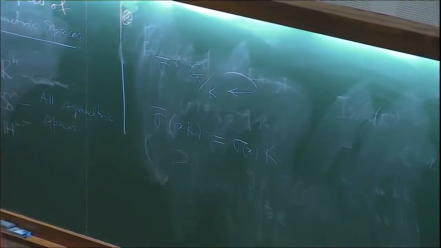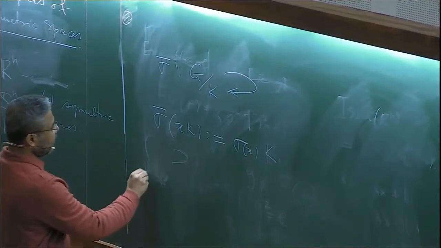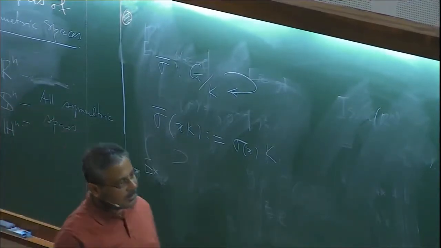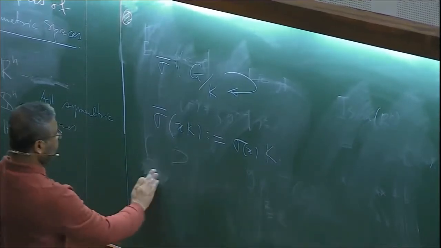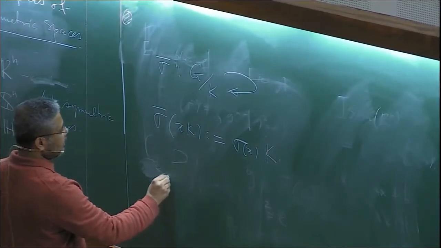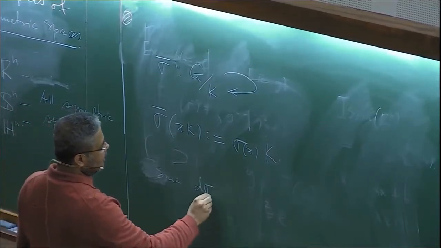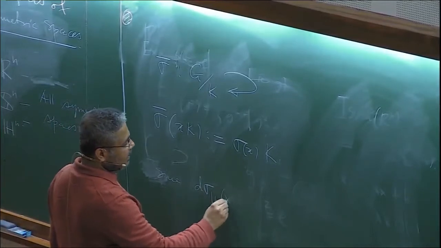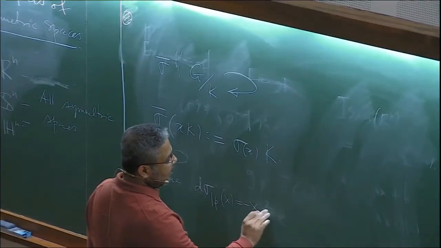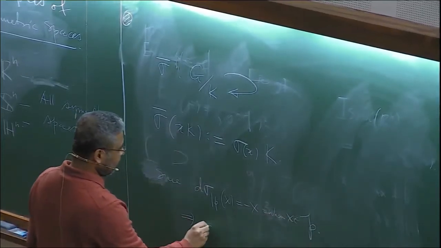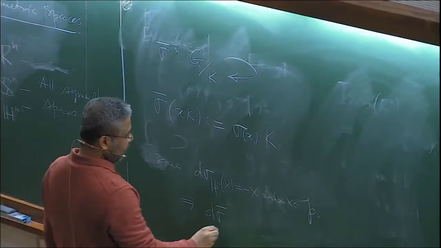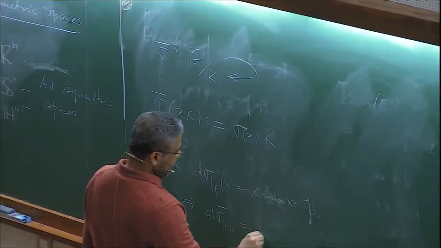This is an exercise. Since d sigma on P is acting by multiplying by -1, that is, d sigma of x is -x when x is in P, it will imply that d sigma bar at Ek is minus identity.